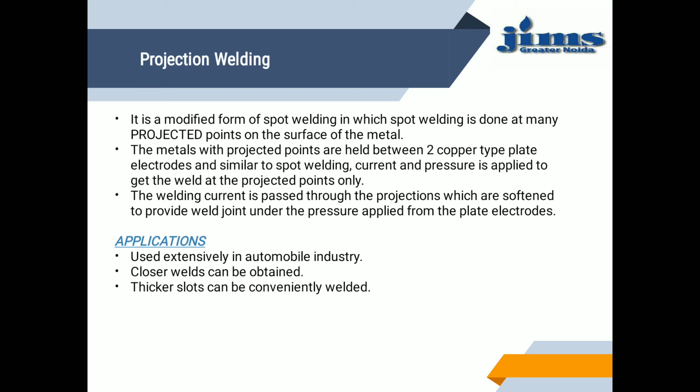Closer welds can be obtained. Thicker sheets can be conveniently welded. In welding of metals other than copper and copper alloys, it can be used to produce a pressure-tight weld joint.